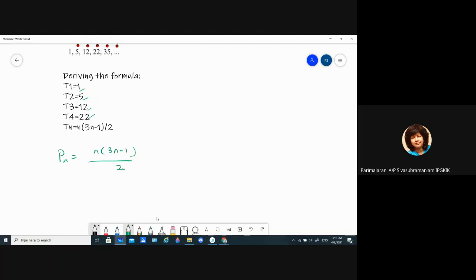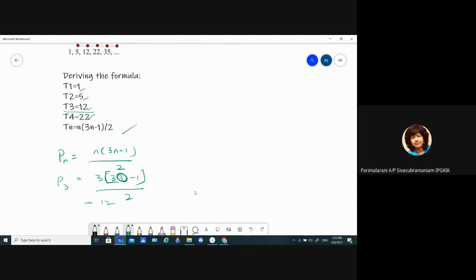If we want to check term 3, we represent n as 3: 3 times (3 times 3 minus 1) over 2. This is 9 minus 1, 8, 8 times 3 is 24, divided by 2 is 12. So this is the formula.